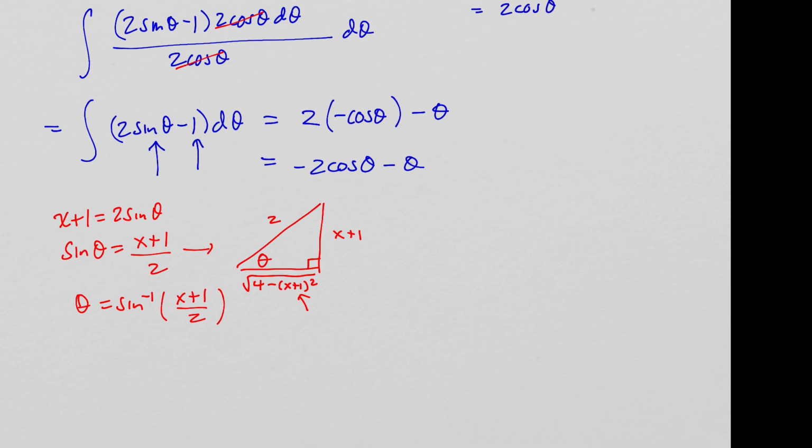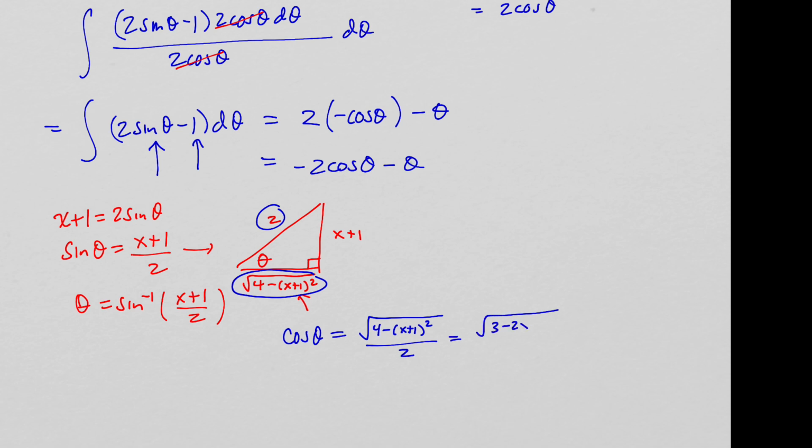So now to finish it, I just need to know, what is cosine of theta? Well, cosine is this divided by this. And so that is the square root of 4 minus x plus 1 quantity squared over 2. And of course, we could rewrite this using the original expression.